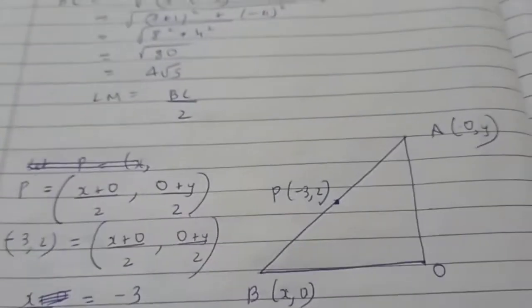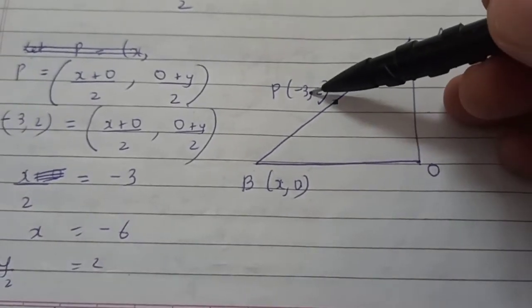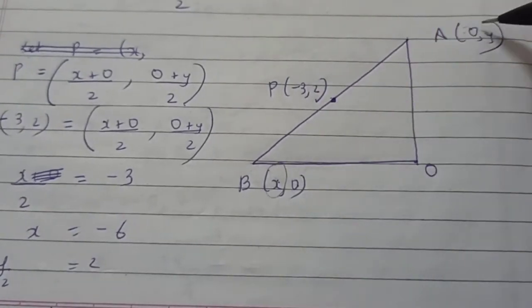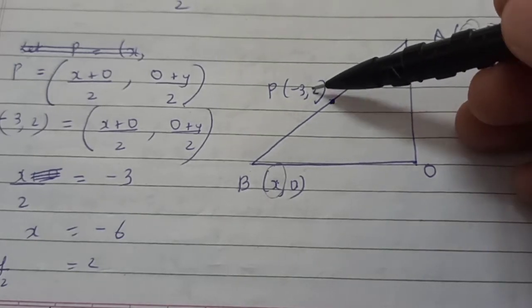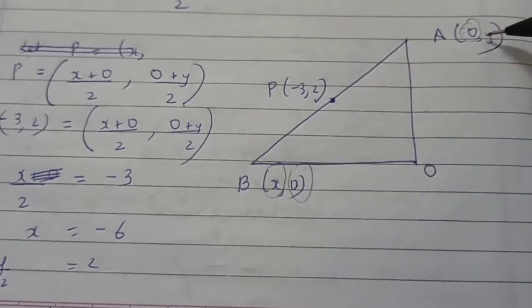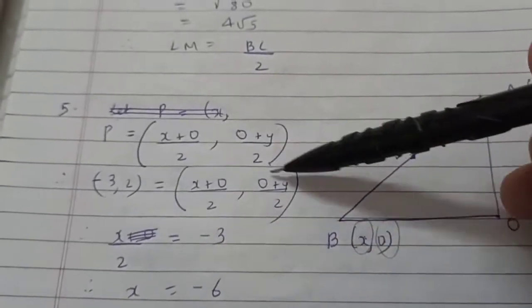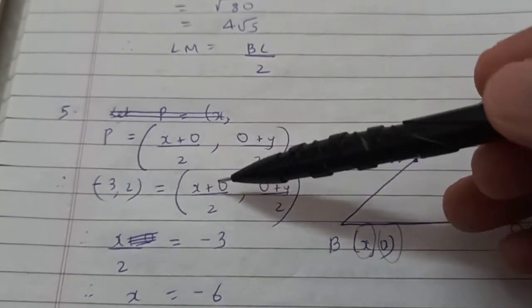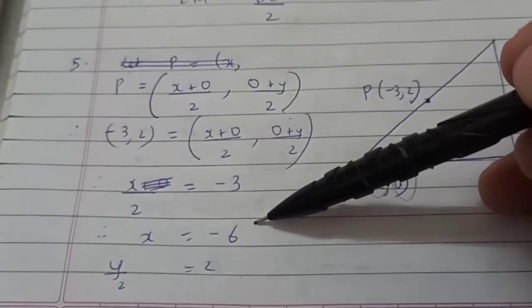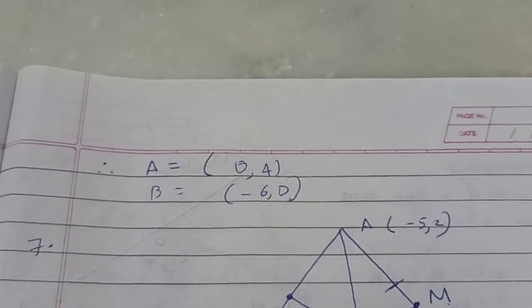So redraw the diagram with the data. Now minus 3 is nothing but x plus 0 upon 2, and 2 is 0 plus y upon 2. So that's the formula we have used, midpoint formula. So comparing, we get the value of x as minus 6 and y as 4. So that's how we get the coordinates of A and B.